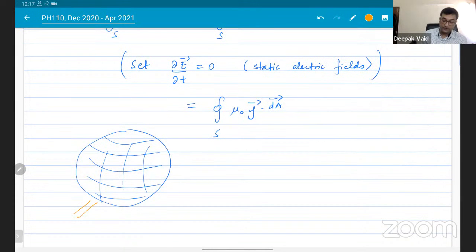There is some wire that comes in and leaves the surface, and inside, it does something within the volume. So this is carrying some current I, or some current density, we can say, since we're talking about J.